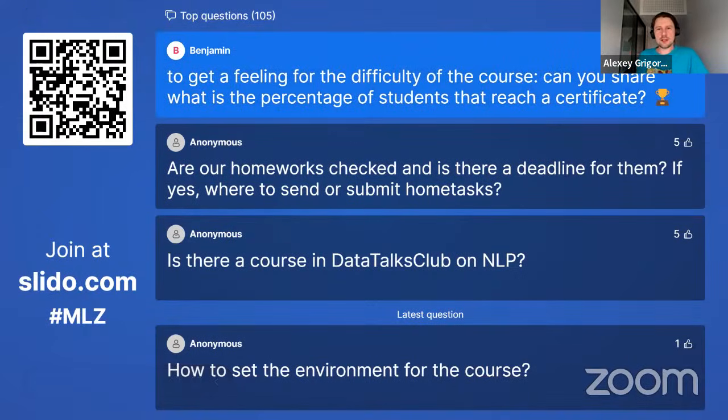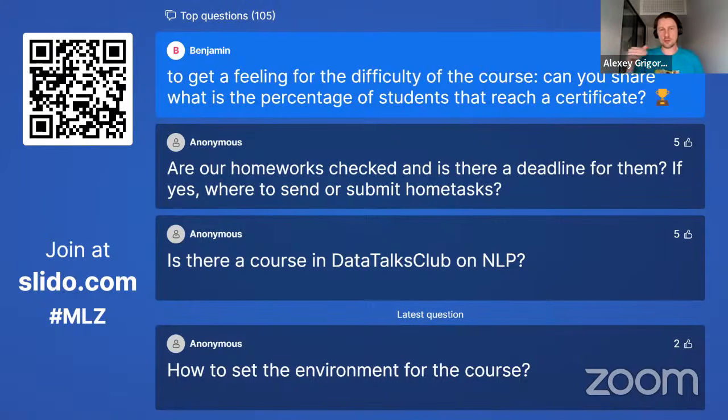To get a feeling for the difficulty of the course, can you share what percentage of students reached a certificate? I don't want to discourage any of you. It was a pretty difficult one. Last year, when the course started, there were 6,000 registrations.